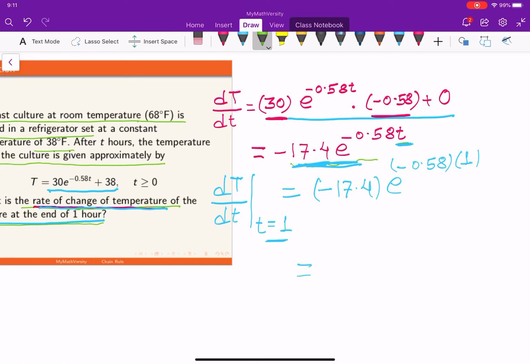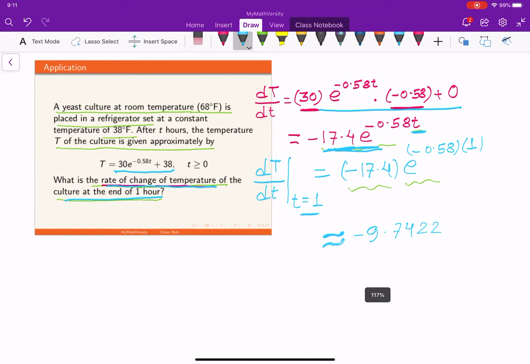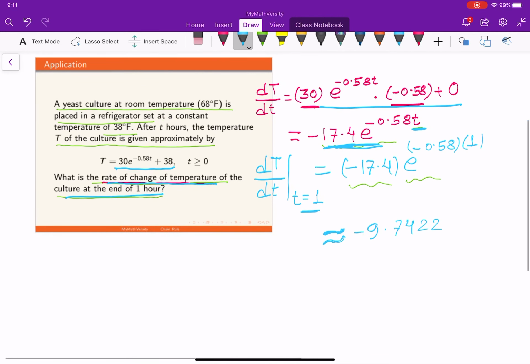Negative 17.4 times e to the power negative 0.58 is approximately equal to negative 9.74222. That is the rate of change of the temperature of the culture at the end of 1 hour, and that's our answer.